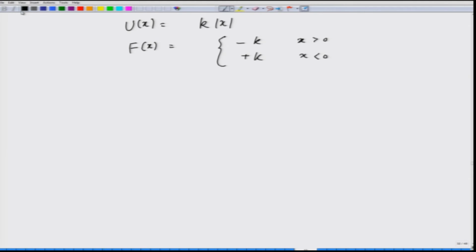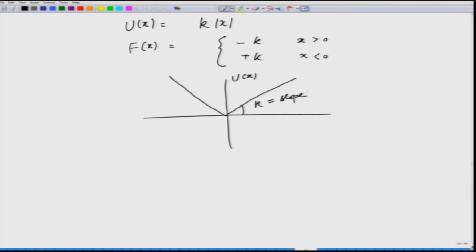If I were to plot it, let me first plot U(x). This will simply look like this. It is always positive with a slope k on this side and slope minus k on this side. You can see from the potential energy curve that if I leave a particle here, I am marking it with red, it will tend to slip towards the origin, and the direction of the force is positive.